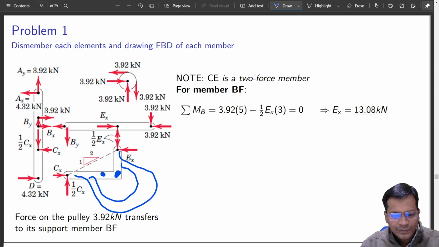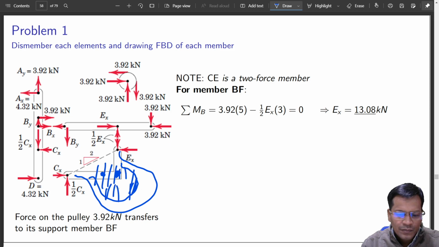Any change? No change. Now I'll wipe it off. Any change? No change. So what mattered actually? Bus. Now you got it.